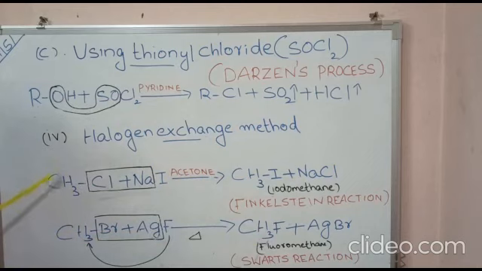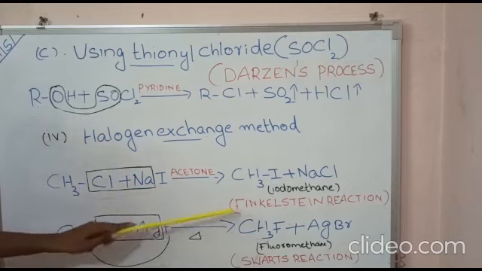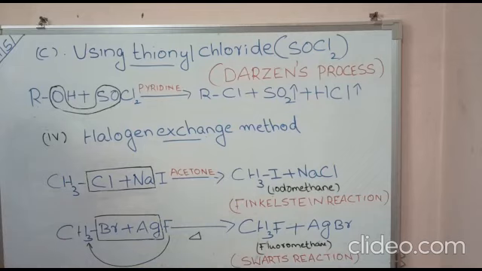For example, CH3Cl on treating with NaI in presence of acetone, NaCl will be removed and you will get CH3I, that is iodomethane. This reaction is called Finkelstein reaction. The Finkelstein reaction is the preparation of iodoalkane from chloro or bromoalkane in presence of acetone.